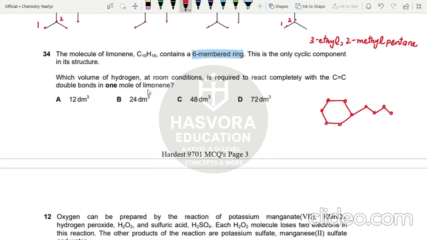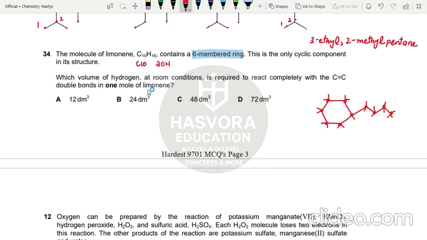Let's count the number of hydrogen atoms. 1, 2, 3, 4, 5, 6, 7, 8, 9, 10, 11, 12, 13, 14, 15, 16, 17, 18, 19, 20. So it has 20 hydrogens and 10 carbons in this structure that we have drawn. But they have told us that it has 16 hydrogens.